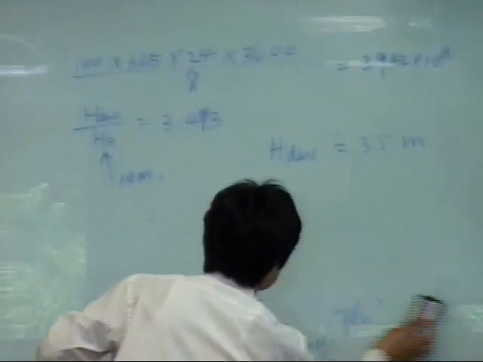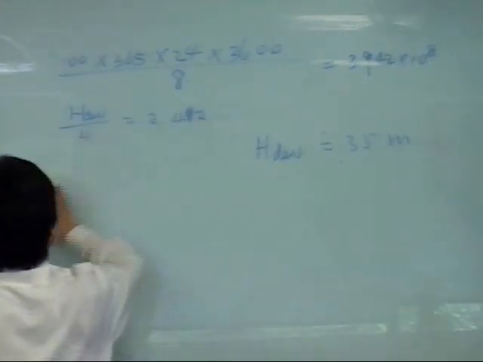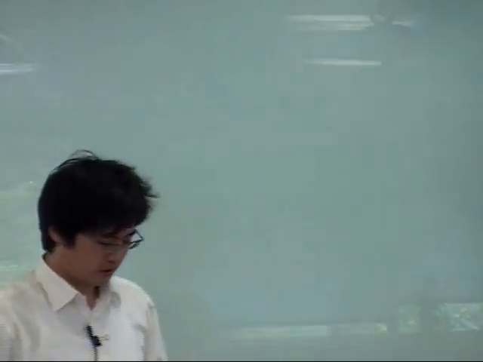Now you have an idea about what is the design extreme wave height, and you also know in the design process we need to simulate the ocean waves, and so I'm going to introduce another method.